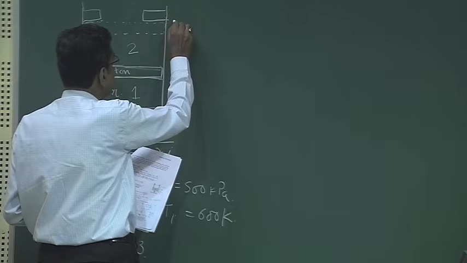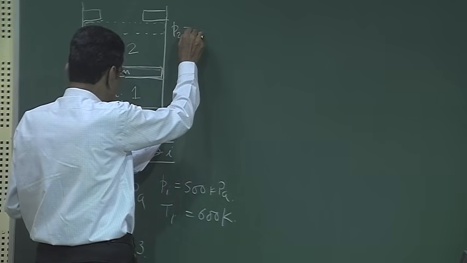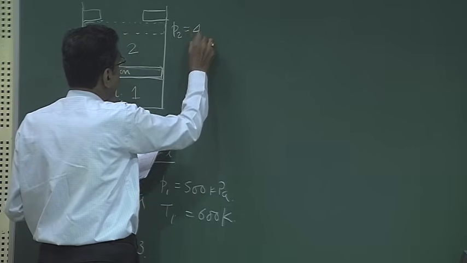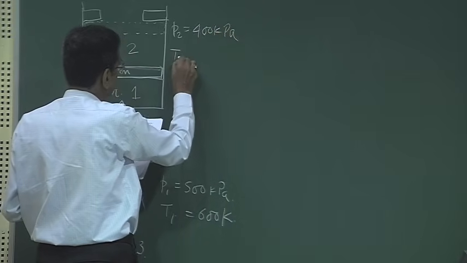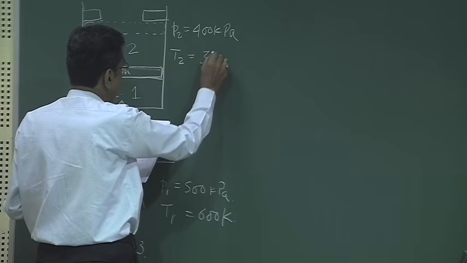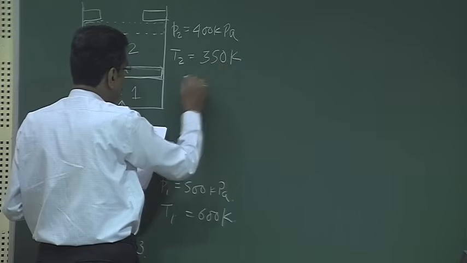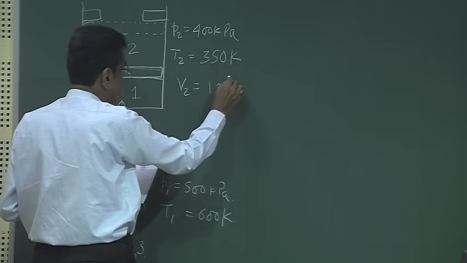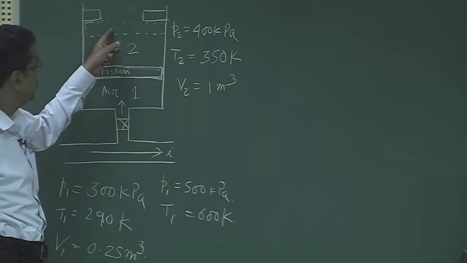But at this final state, P2 is given by 400 kilopascals, T2 is given as 350 K, and the volume at stops is 1 meter cube. That means when the piston reaches the stops, the volume is 1 meter cube.